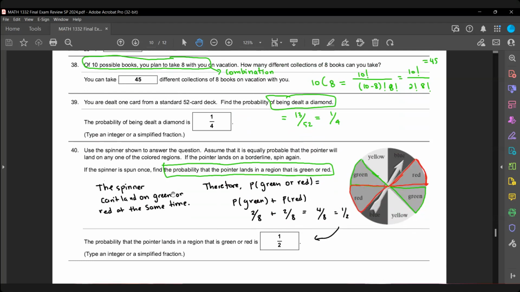Again, I am making the point that there is no way that the spinner can land on green and red at the same time. That cannot happen. So therefore, it must be a mutually exclusive event. So the probability of green or red is the probability of green plus the probability that it lands on red.